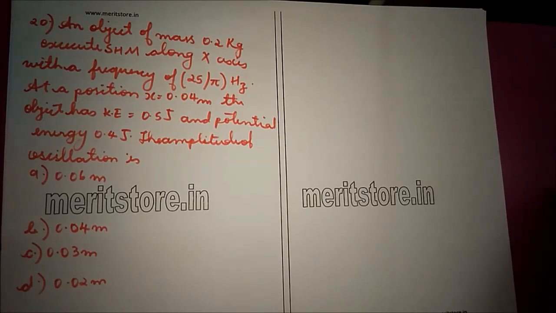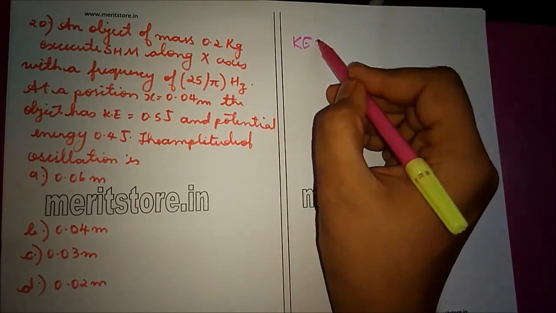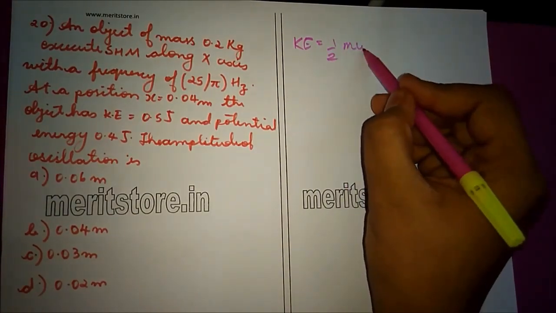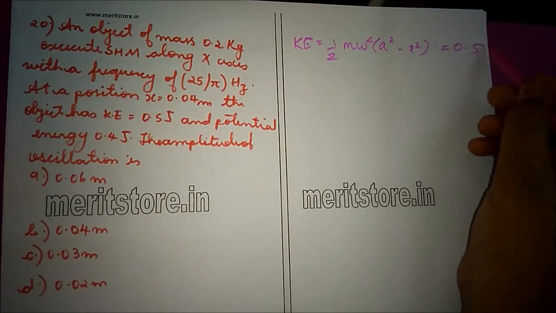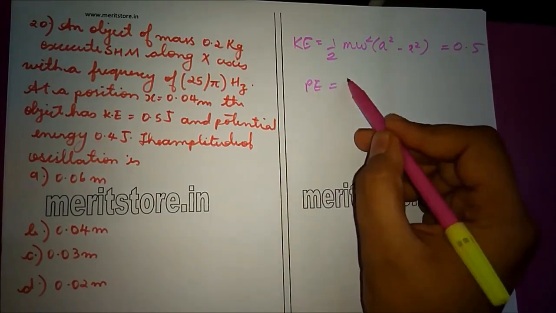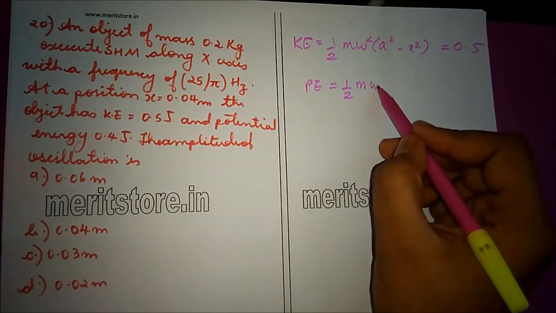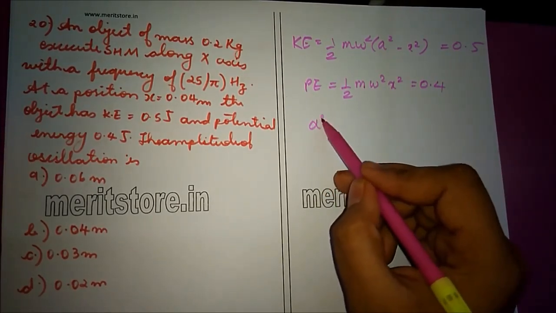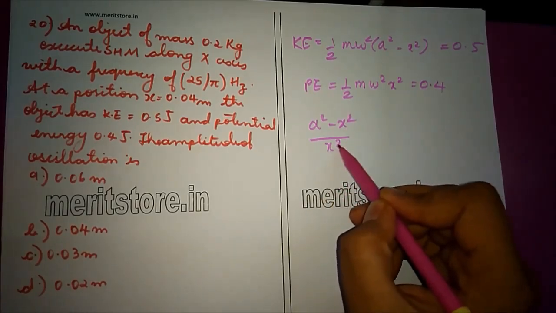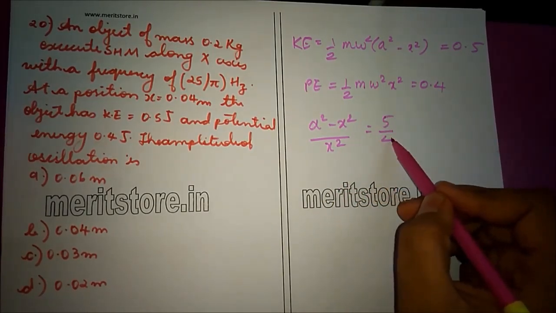Now to solve this question, we know kinetic energy is equal to half m omega square (a square minus x square), which is equal to 0.5. Potential energy is equal to half m omega square x square, which is equal to 0.4. (A square minus x square) upon x square is equal to 5 by 4.